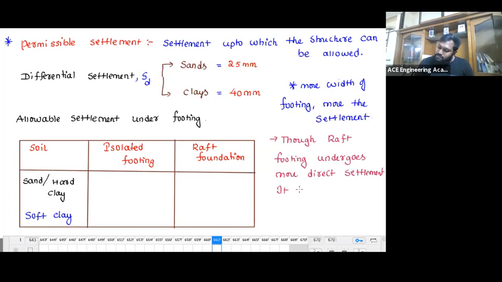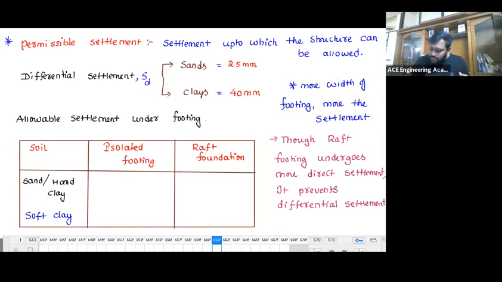It prevents differential settlements. Okay. So though the raft footing undergoes more direct settlement, it prevents the differential settlement. That is the biggest advantage.